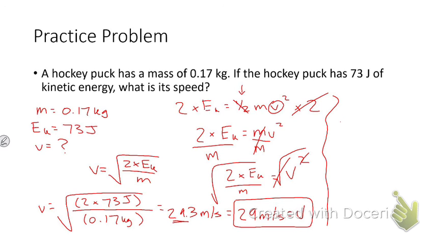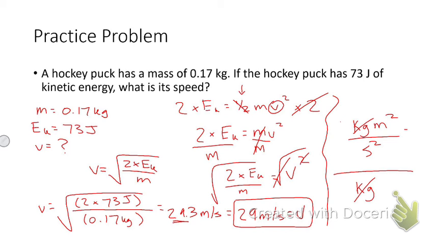Really good question. A joule is kilogram meters squared per second squared, right? And we are dividing that by kilograms. Kilograms is in the numerator, so my kilograms will cancel here.